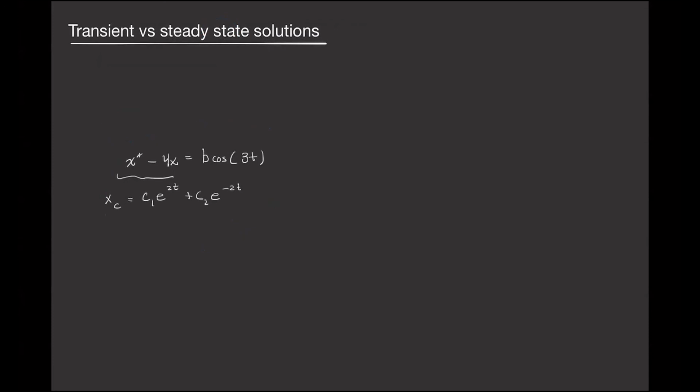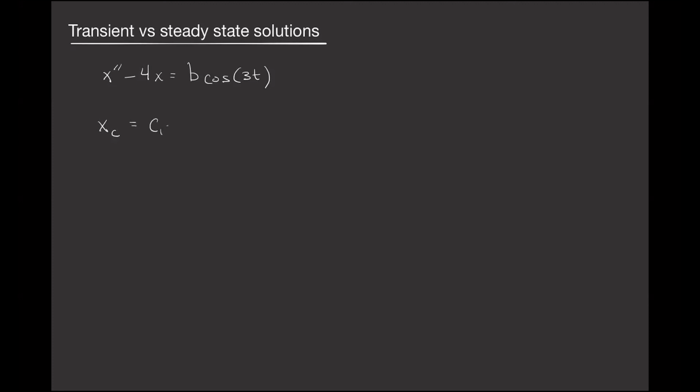Say you had exactly this differential equation, which I'm going to rewrite a little more cleanly. And you indeed have the complementary solution that is c1 e to the 2t plus c2 e to the negative 2t, or vice versa, either way.